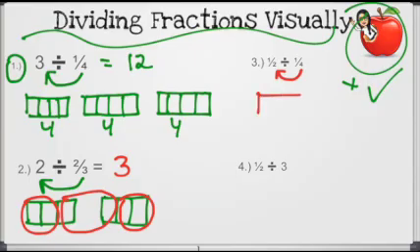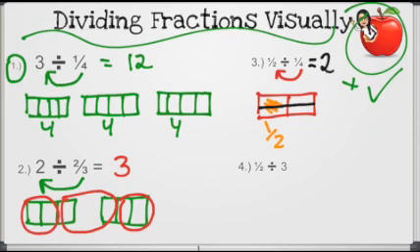So if I have 1/2, as shown here, and I'm dividing it by 1/4, I can see that I have 2 groups of 1/4 into 1/2. So 1/2 divided by 1/4 equals 2.